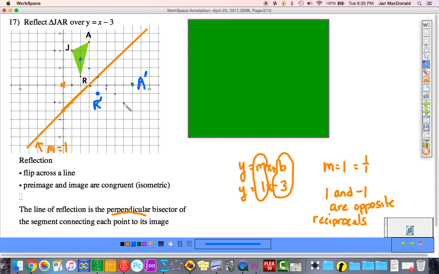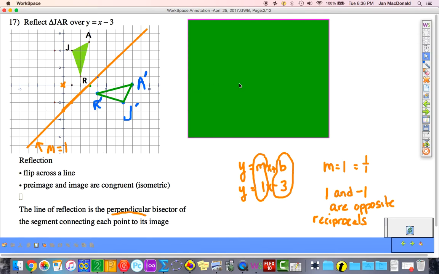So this has got to be, let's make it a little bigger, this has got to be J prime. And again, let's erase all these little dots so it doesn't get confusing. And if I draw my line segments, here should be my final image after a reflection across the line y equals x minus 3.